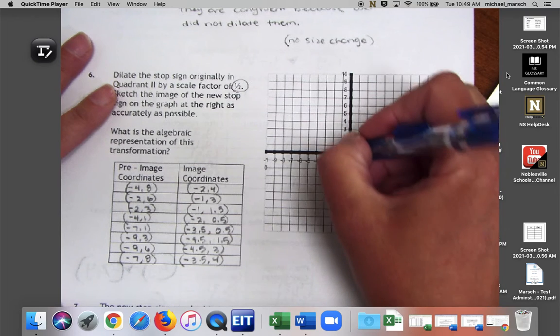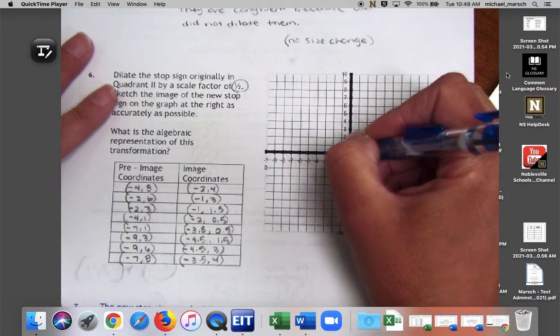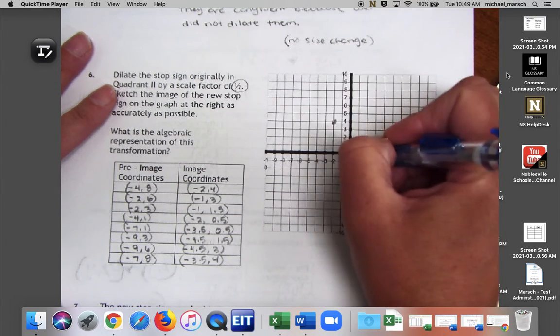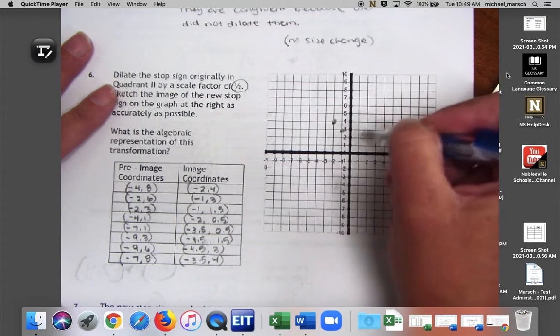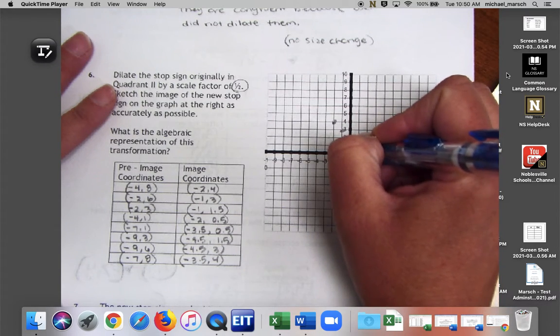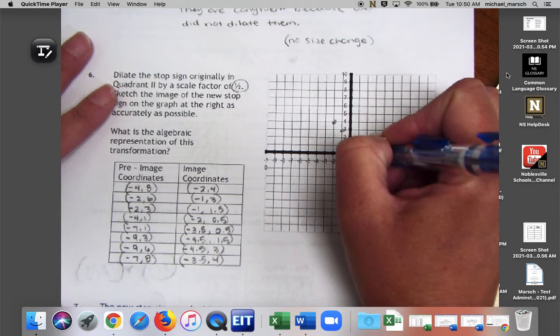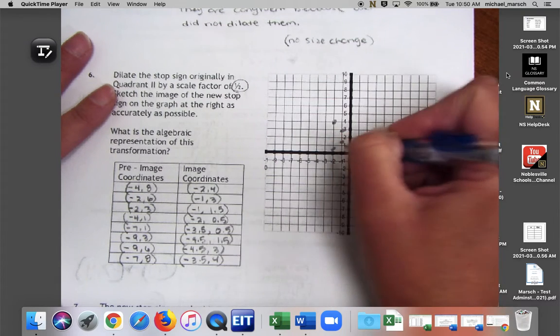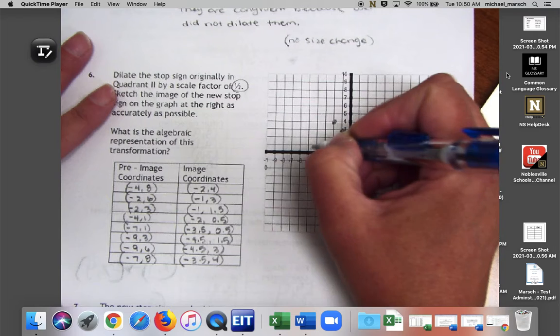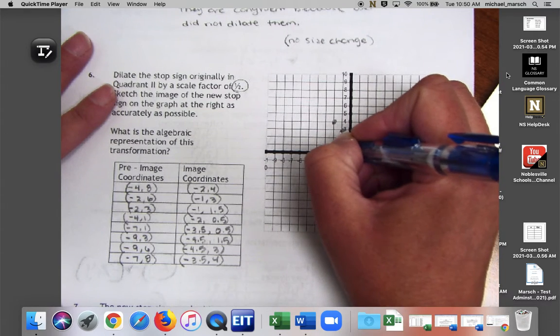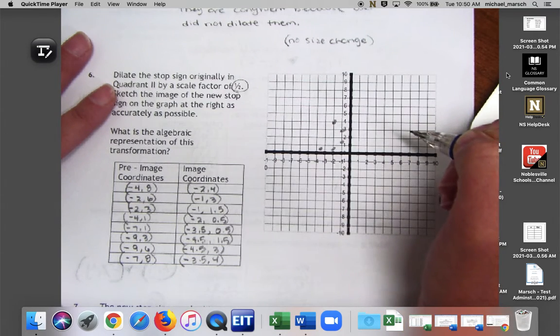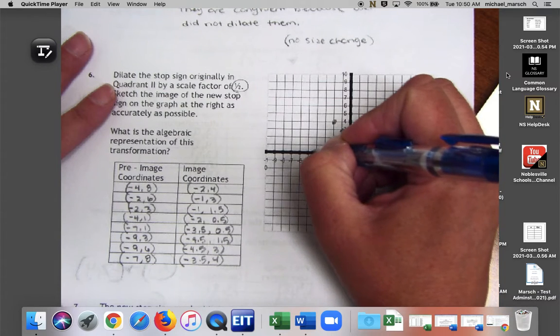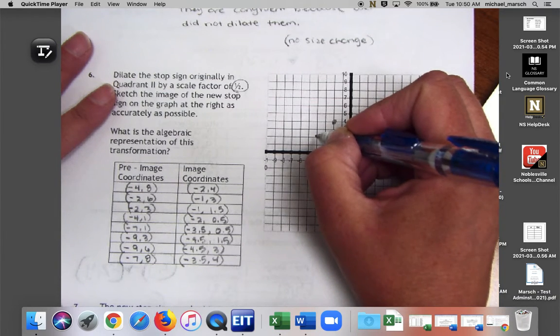So -2, 4. -1, 3. It's going to be a really tiny one. -1, 1.5. -2, 0.5. -3.5, 0.5. -4.5, 1.5.